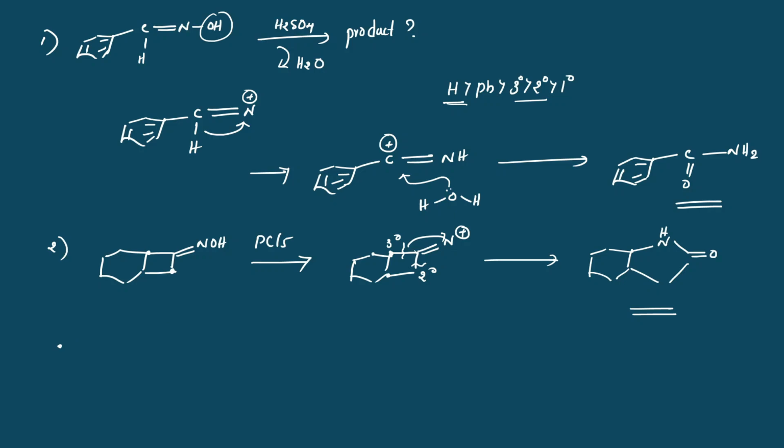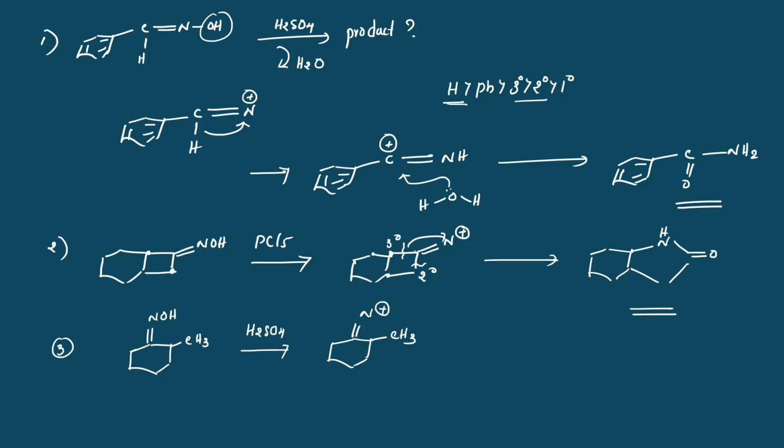Let's see one more example. So you have here the oxime. This is similar to the first question in this video. Suppose I make it unsymmetrical by attaching a CH3 here, and I treat this with sulfuric acid. What will be the product? Once I treat with sulfuric acid, you will eliminate the water and you will generate the nitrogen with a positive charge, and you have the CH3 here.